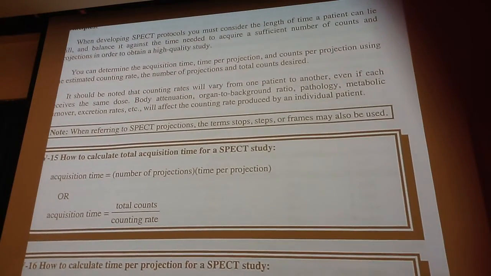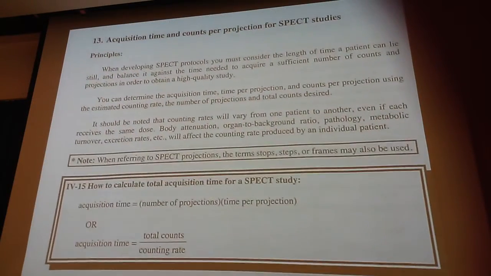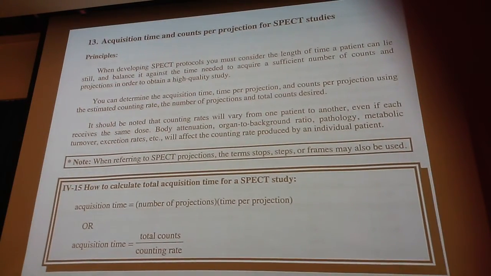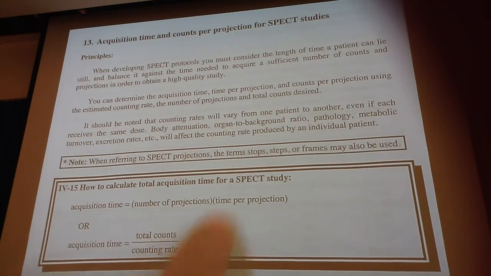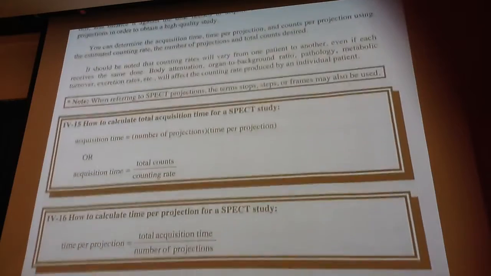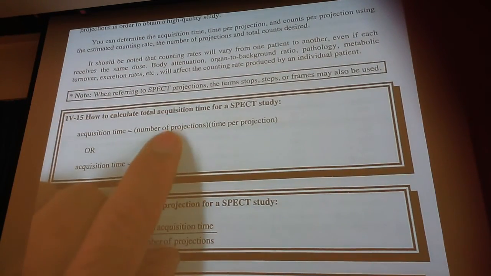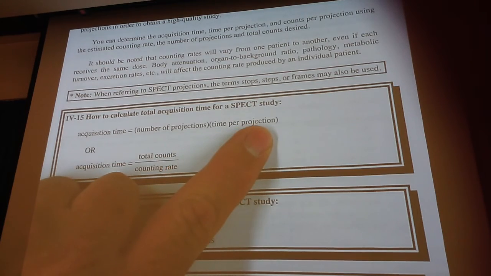They will be giving you questions about this on your board exam, so I want you to be prepared for that. It says, when referring to SPECT projections, the terms stops, steps, or frames may also be used. Notice on here, the acquisition time, you multiply the number of projections times time per projection.